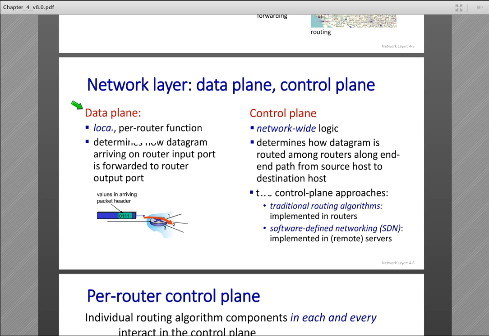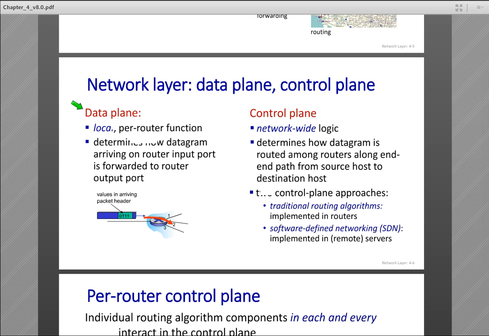This is the data plane: how we should handle an arriving datagram, and how we should find a path from the input port toward the output port.